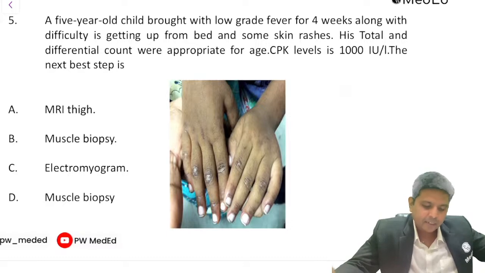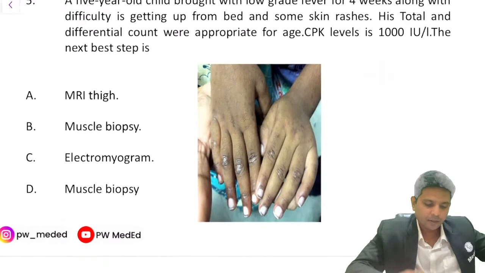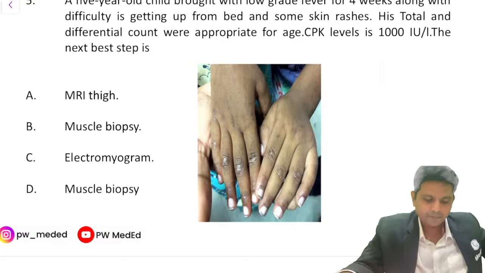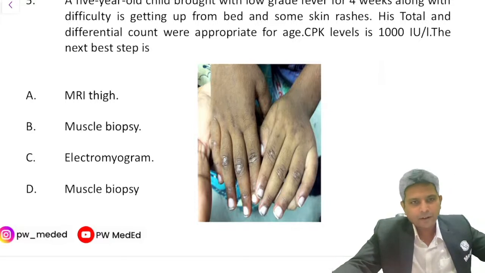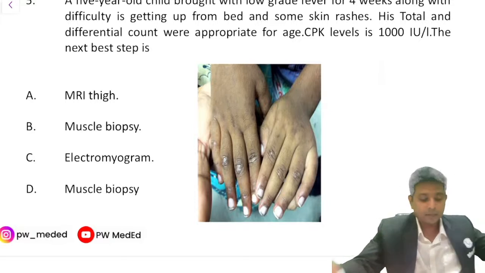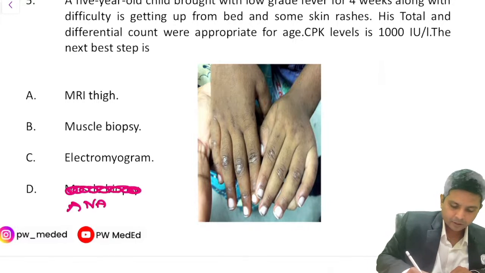The next best step is, and they had given you one picture: MRI thigh, muscle biopsy, electromyogram, MRI thigh. Let it be. What is the answer? MRI thigh, muscle biopsy, ANA levels. So what is the answer?